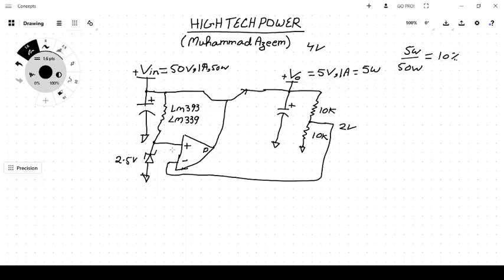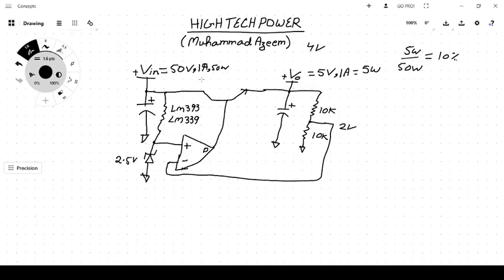So instead of producing the difference of the input voltage, which is 0.5 volt, which was the case of the op amp, the comparator would produce the full swing of the output voltage. I mean, it would go to the full supply voltage of the comparator. Suppose it is operating at 12 volt, then the output voltage will swing to the full 12 volt.